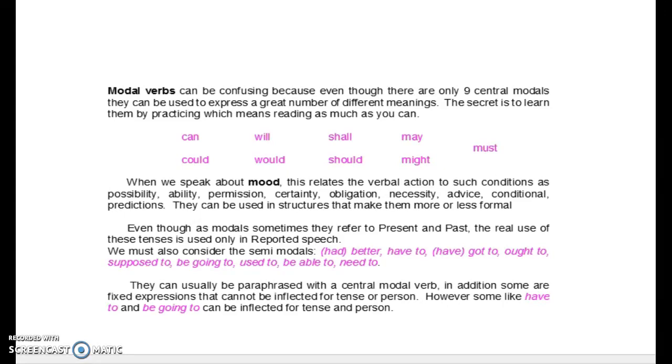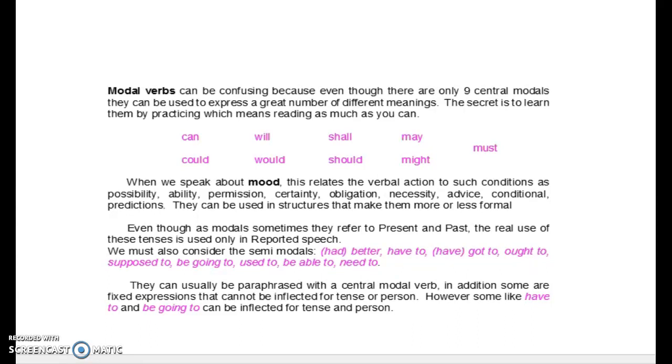When we use the modals as present and past, the only time that they are really present and past is when we use reported speech. For example, if I say, Sally says she will come tomorrow, in reported speech it is, Sally said she would be here the day after, or tomorrow, or the next day, or whenever you want. But there you have will in the present and would in the past.